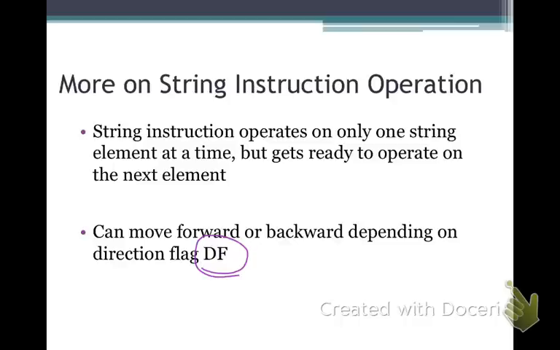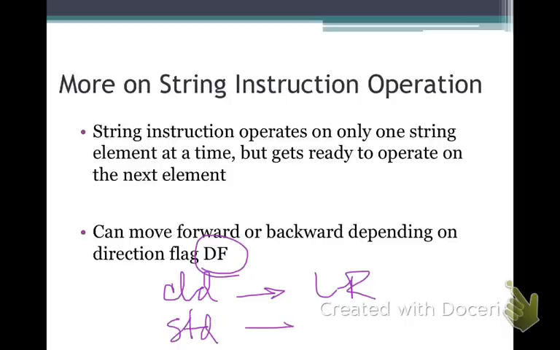When I want to set forward direction or left to right, I use CLD, which clears the direction flag. STD sets the direction flag, and that's for right to left or backward direction.